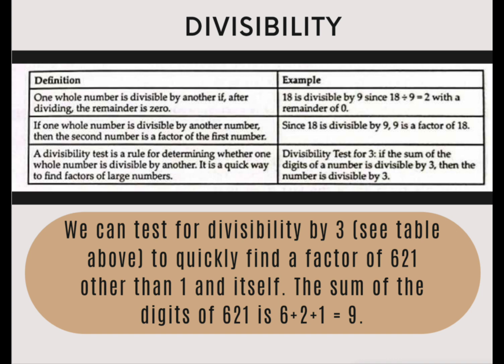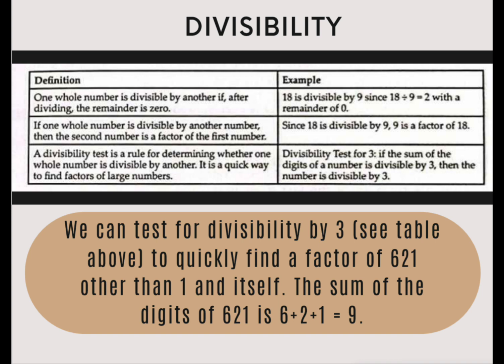Second, if one whole number is divisible by another number, then the second number is a factor of the first number. Example, since 18 is divisible by 9, 9 is a factor of 18. Another definition: a divisibility test is a rule for determining whether one whole number is divisible by another. So it is a quick way to find factors of large numbers.